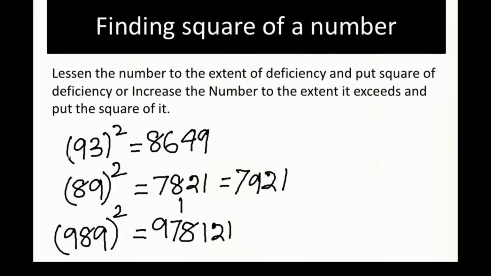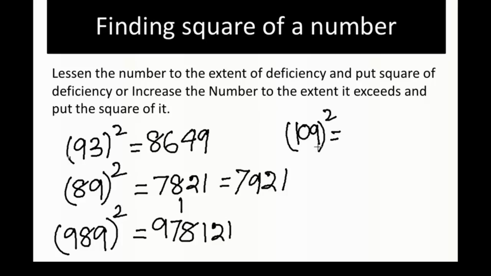So let's take the case of 93. So 93 is 7 less than 100. So to find out the square, the rule says lessen the number to the extent of the deficiency. Deficiency from the base. The base here is 100, so the deficiency is 7.